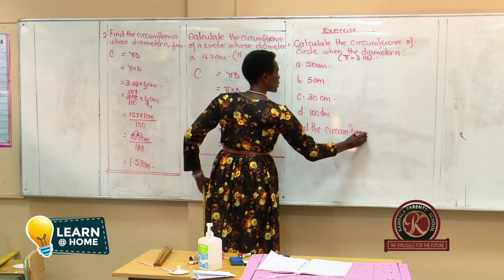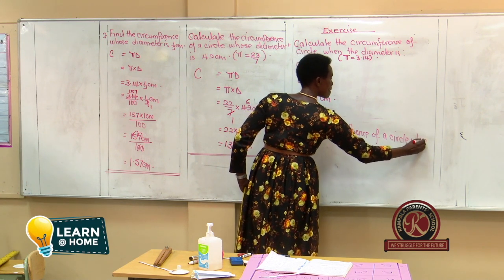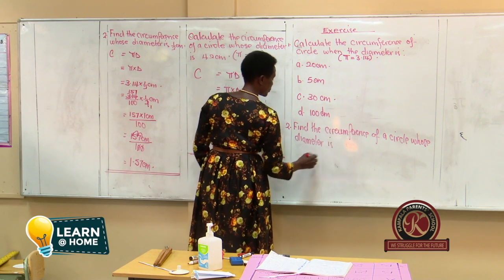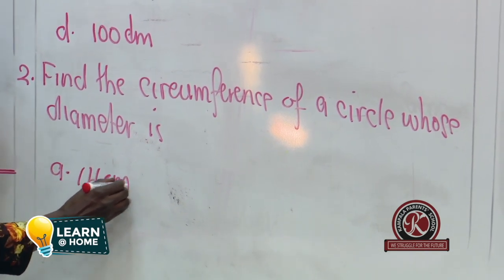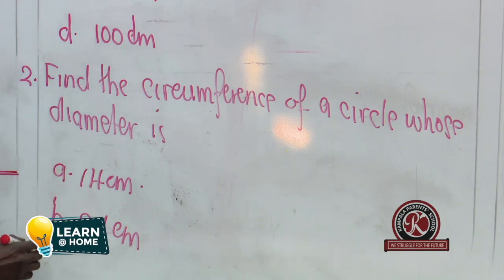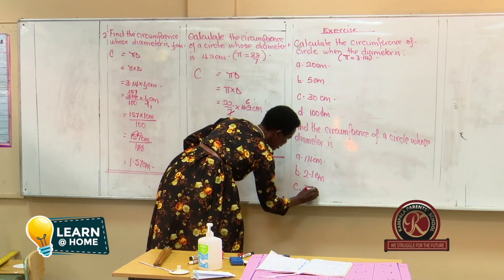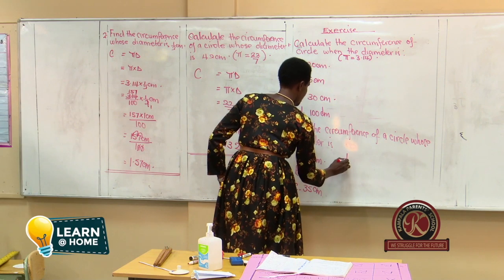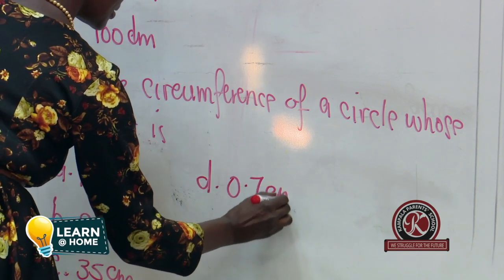Number 2, find the circumference of a circle whose diameter is A, 14 centimeters, B, 2.1 centimeters, C, 35 centimeters, D, 0.7 centimeters.